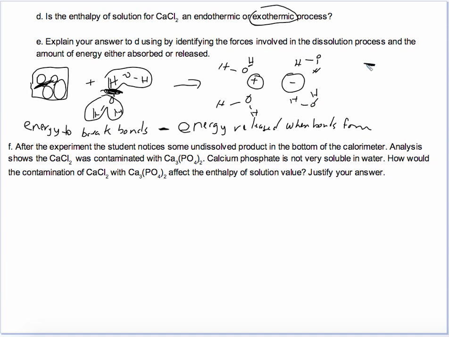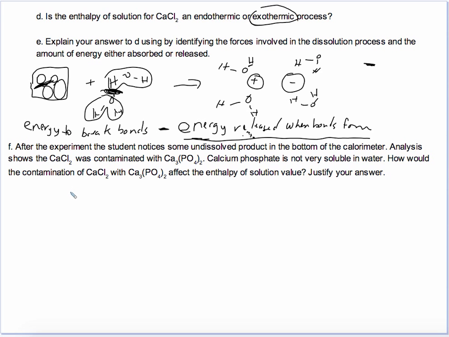Now, because it's exothermic, because our delta H is negative, this number must be larger. The energy released when bonds form must be greater than the energy to break the bonds. That gives you an exothermic reaction. So this value is greater.